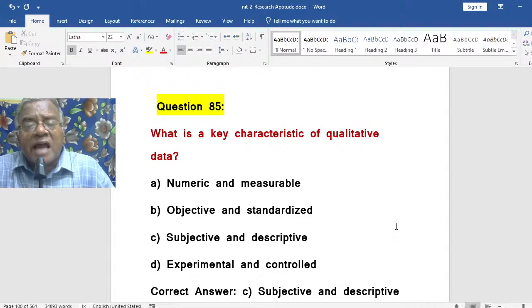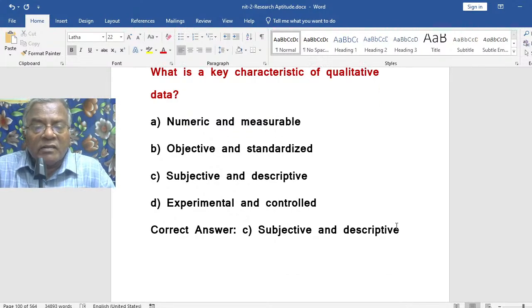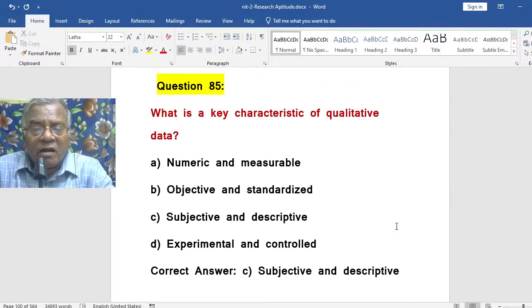What is the key characteristic of qualitative data? What is the key characteristic or important quality of qualitative data? That is subjective and descriptive. Qualitative data, subjective and descriptive, very important one.